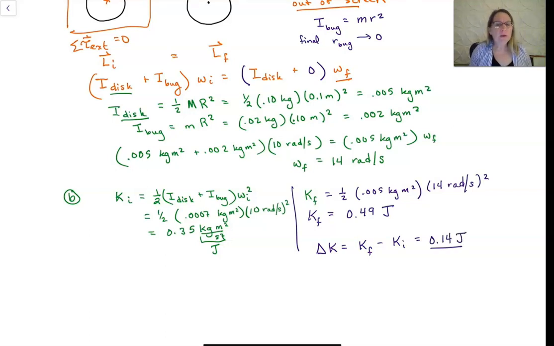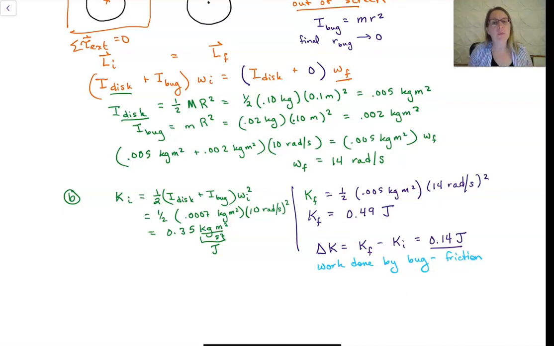Okay, where did that energy come from? Well, that came from the work done by the bug as it crawled, specifically the frictional force between the bug's feet and the platter, which applied some torque to the platter itself.